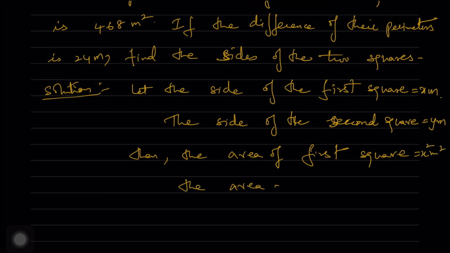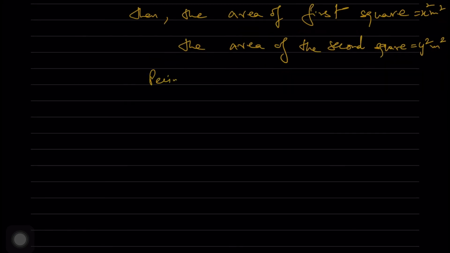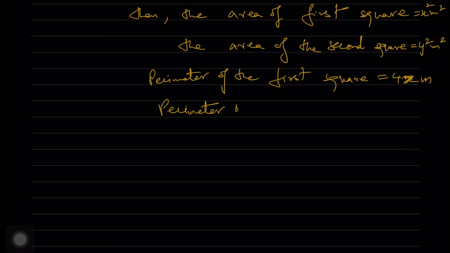The area of the second square is equal to y square m square. Perimeter of the first square is equal to 4x meters, and perimeter of the second square is equal to 4y meters.